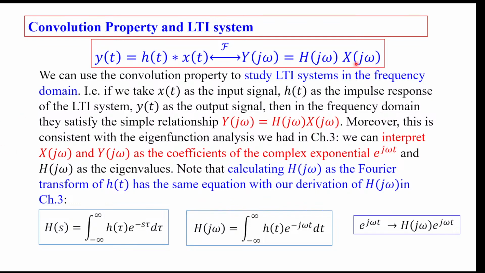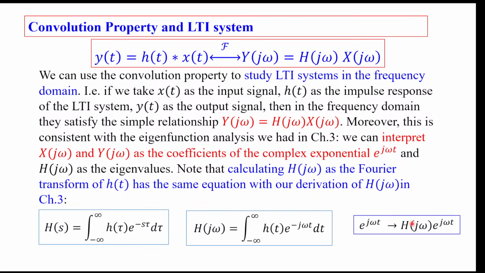So you think about big X. If you think big X is the same as AK, and big Y is like BK, but now it's in continuous case. So big X is like the coefficient of the input signal e to the j omega t, and Y of j omega is the coefficient of the output signal on e to the j omega t.